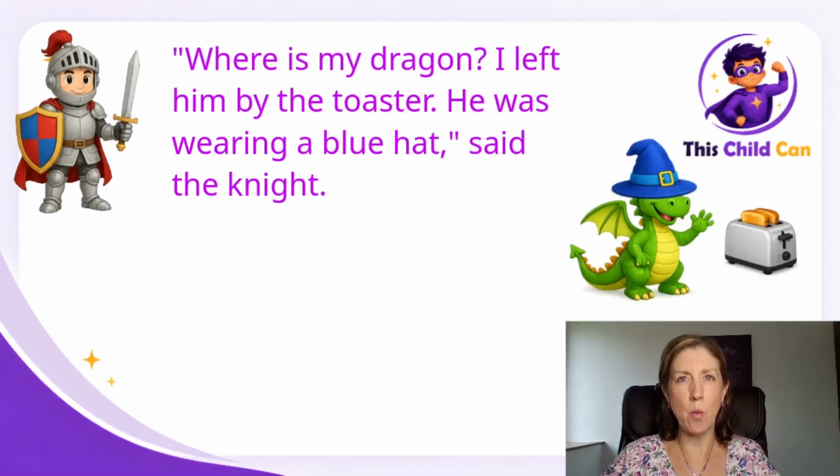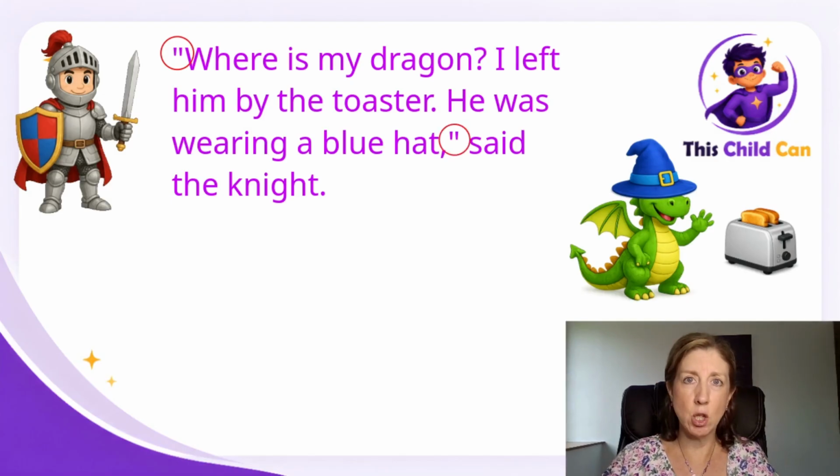So what happens if one person says several sentences, like in this example here? "Where is my dragon? I left him by the toaster. He was wearing a blue hat," said the knight. Now notice that the speech marks start at the beginning of the speech and they don't close until after the final word of speech.